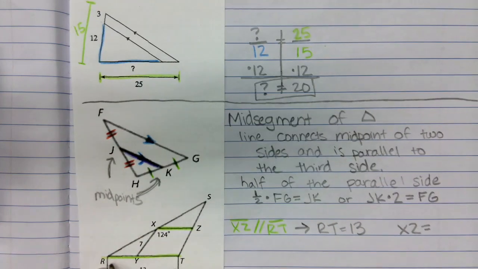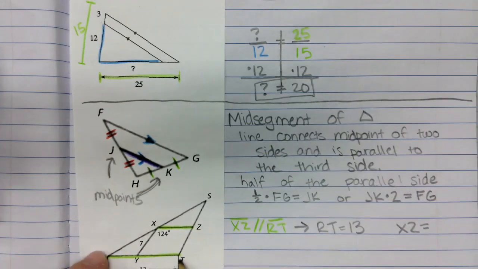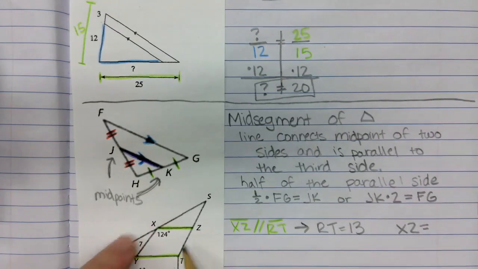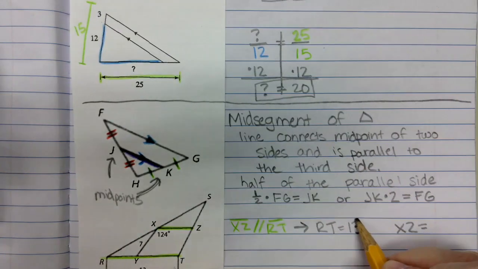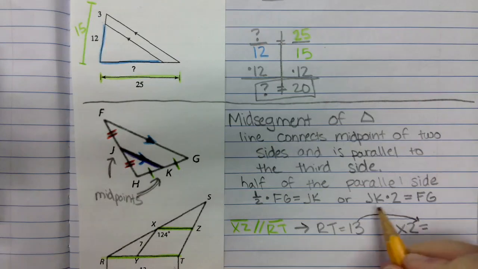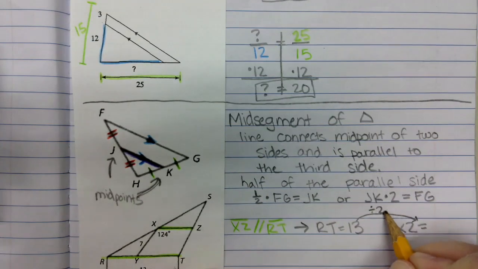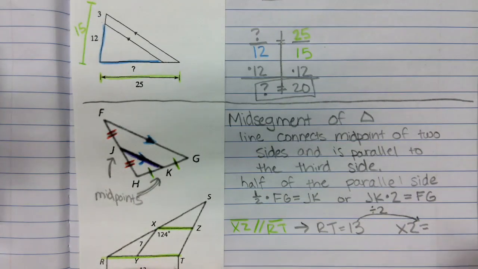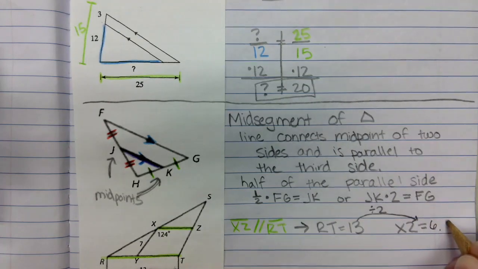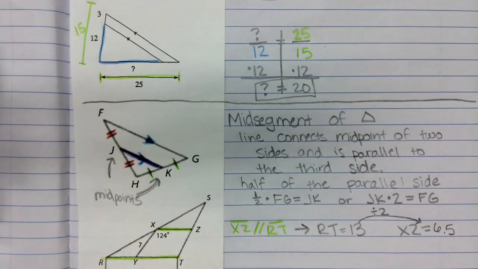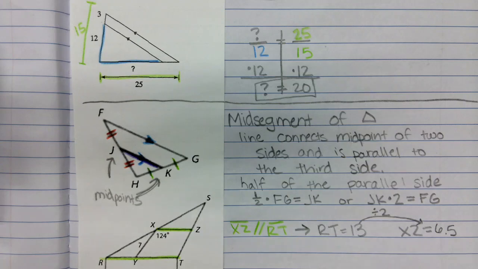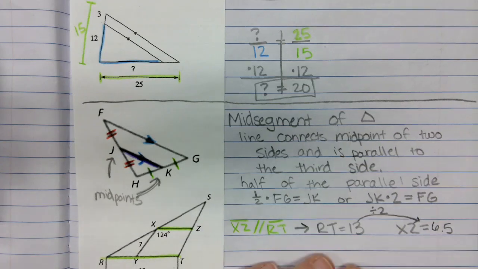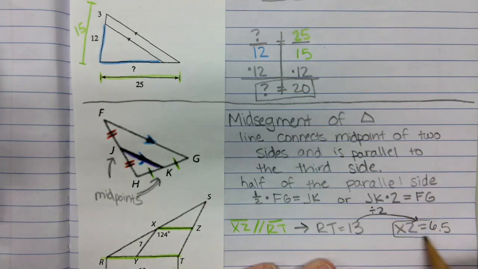And we know the longer side, so to go from that longer to that mid-segment, we're going to just find the middle. So to find the middle, we either multiply by half or we divide by 2. And 13 divided by 2 gives us 6.5. So we know that XZ is 6.5.